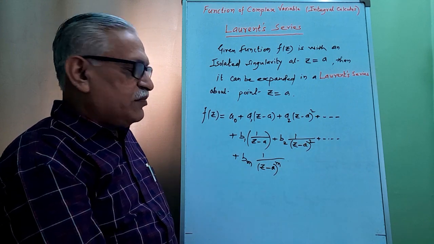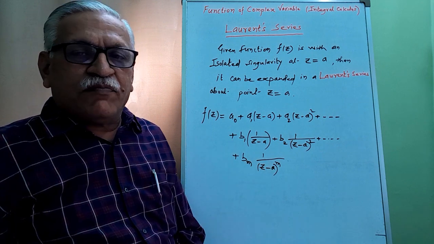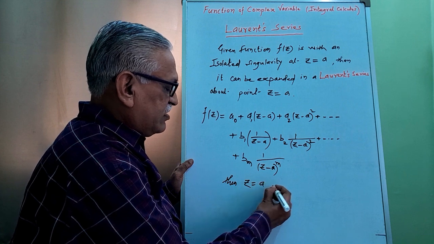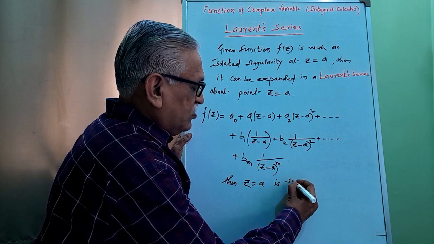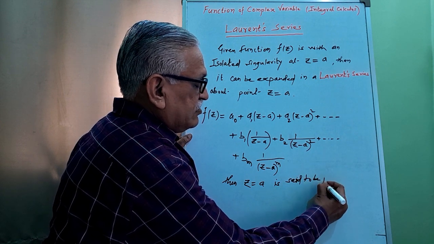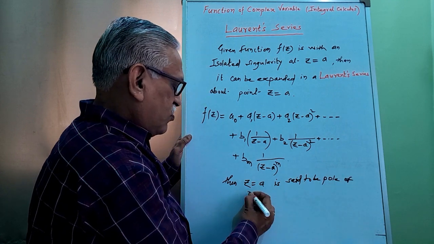The last one is bm 1 upon (z minus a) raised to m. Then that z equals a is said to be a pole of order m.